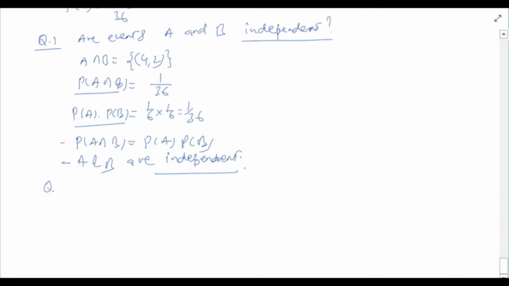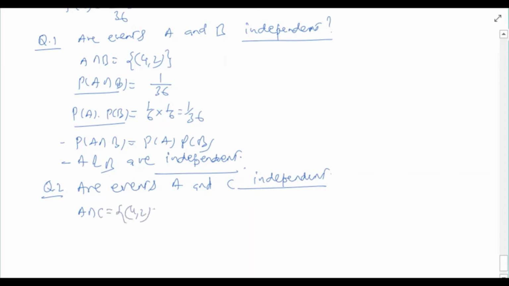Now let's ask another question. Are events A and C independent? Again, if we see A intersection C, it turns out to be the same singleton set (4,2). Probability of A intersection C is 1 by 36.